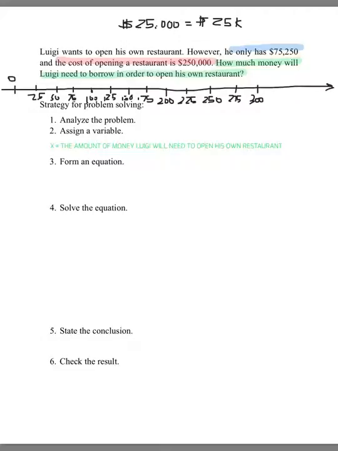So again, $25,000 is equal to 25K, so we have it marked as 25 on the number line.